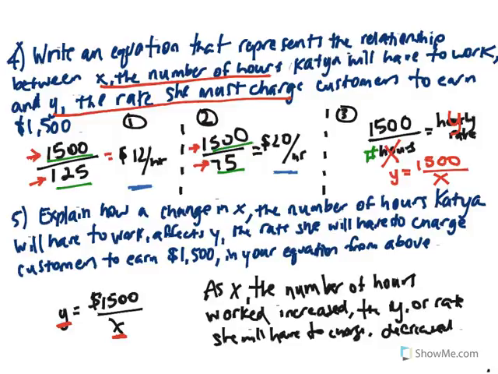Now, what do we know about proportions where one is increasing as the other decreases? They are inversely proportional.